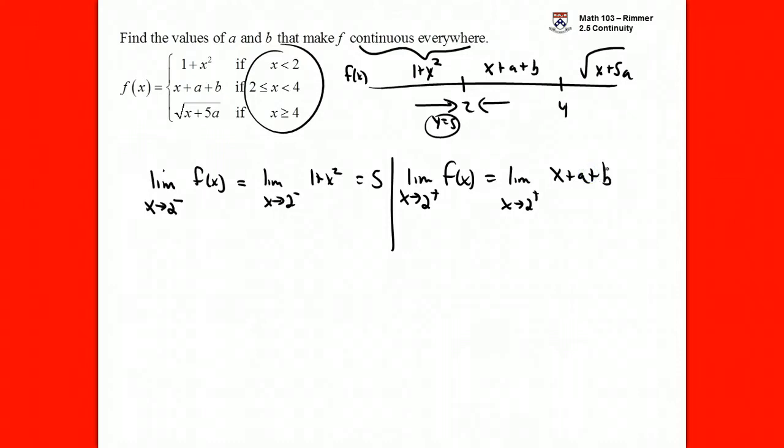Still, nothing to stop me from plugging in x equals 2. So I get 2 plus a plus b. So here is my right-hand limit. Here is my left-hand limit. If I'm supposed to be continuous everywhere, particularly at x equals 2, those two better equal each other.